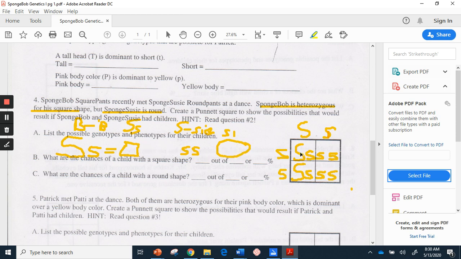So we know each square represents 25%. Child with square shape, so we know this would be square, this would be square, 2 out of 4.